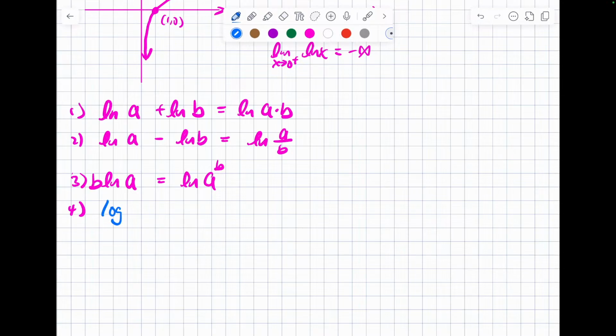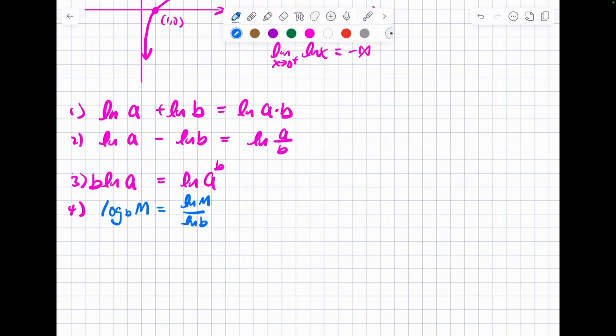Log base b of m is natural log of m over natural log of b. We use that later, we don't use that today. So those are the pre-calc things you're supposed to know. We're going to do that for the next 3 sections.